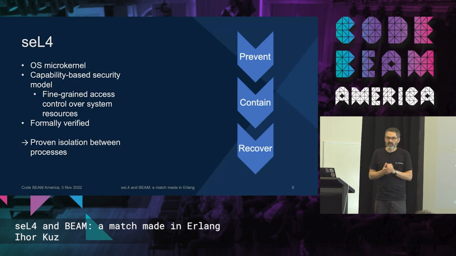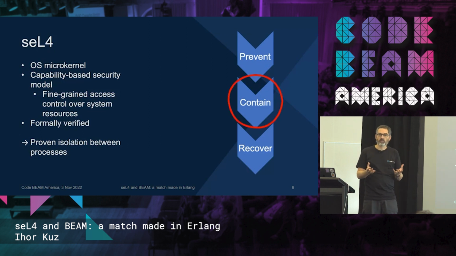I'll talk more about that in detail later. But ultimately, what all of this together means is that seL4 provides us a platform that gives us proven isolation between processes. And that's what gives us the contain property. It allows us to build our systems such that we have a bunch of separate processes, not Erlang or Beam processes, but operating system processes. And when things break in one of those processes, it gets contained within that process.